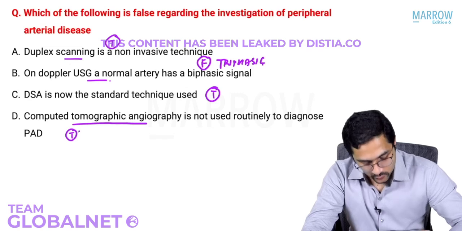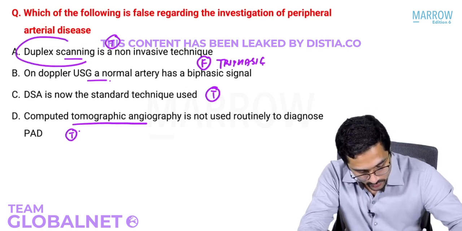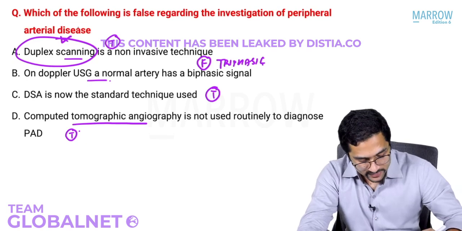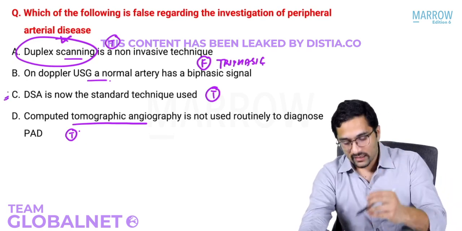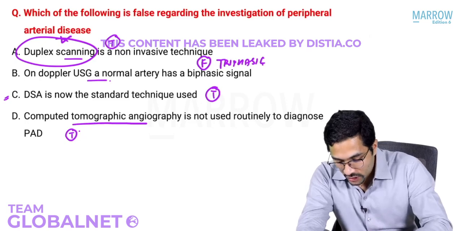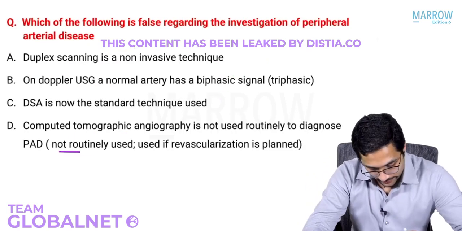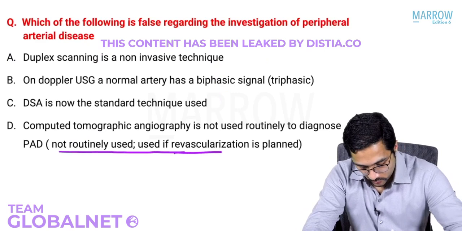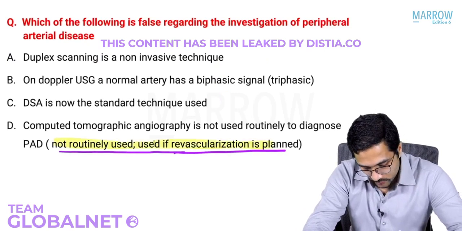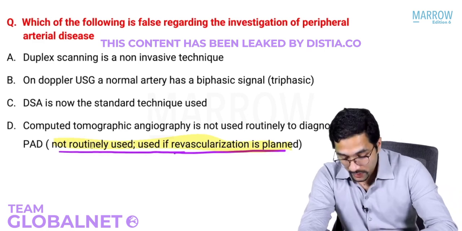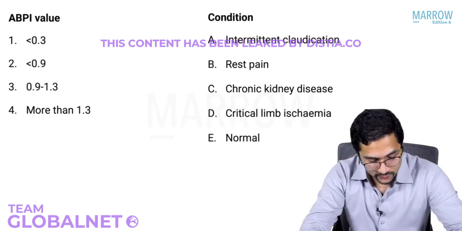This is also true. For peripheral arterial disease, we use duplex scanning only. DSA will also be used when we are planning an intervention to know more details regarding the anatomy. That's where we use digital subtraction angiography. So I told you that it is not routinely used. Only if we are planning a revascularization procedure, then computed angiography, CT angio, is going to be used in these patients.